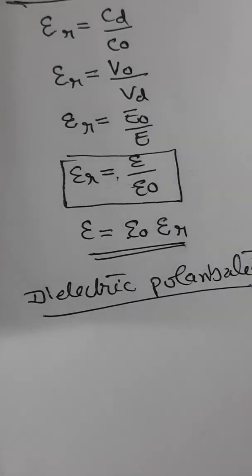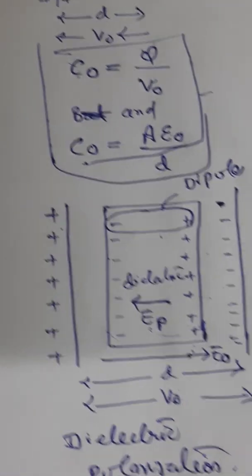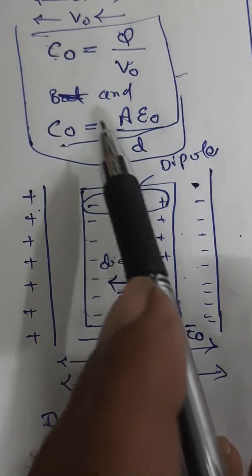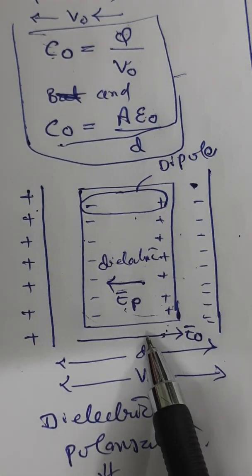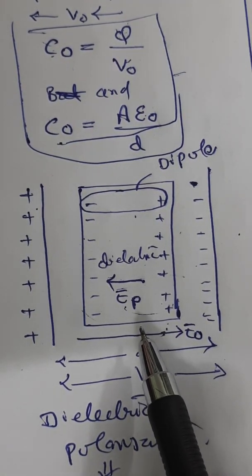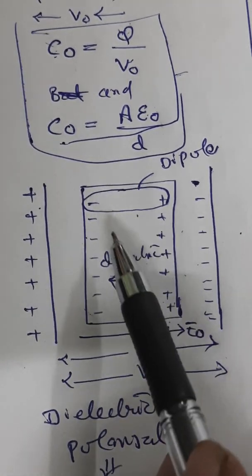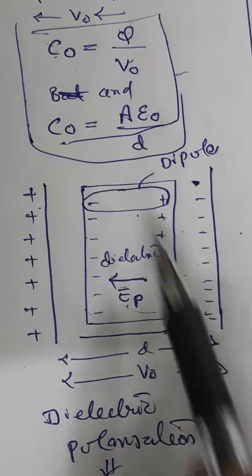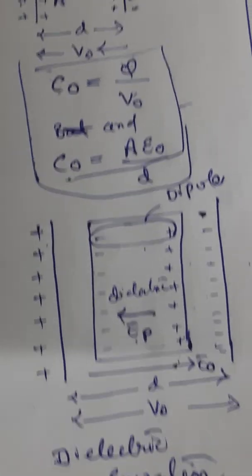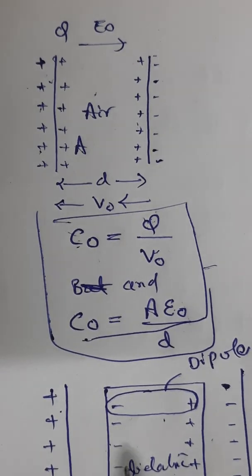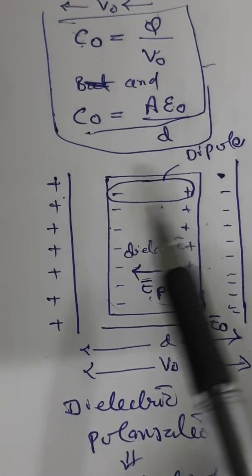Now the term dielectric polarization, we have already come across briefly while discussing the dielectric constant. Here we have used the concept of dielectric polarization. Before elaborating this, let me recap how we arrived at dielectric polarization with the help of these two. This is without dielectric, this is with dielectric.